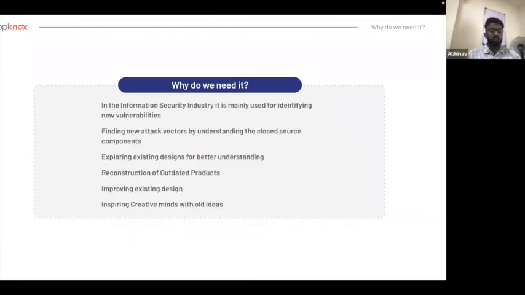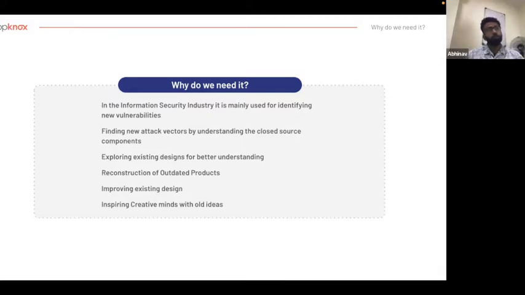Now we understood what it is and where it can be used, but you might have the question, why do I need it? What extra can I do when I'm able to reverse engineer? From a security industry standpoint, it is mainly used for identifying new vulnerabilities.